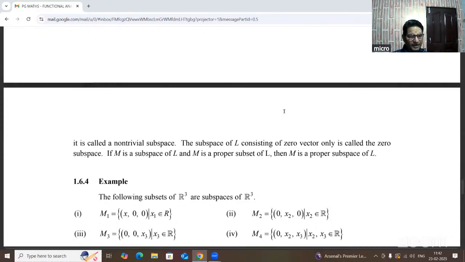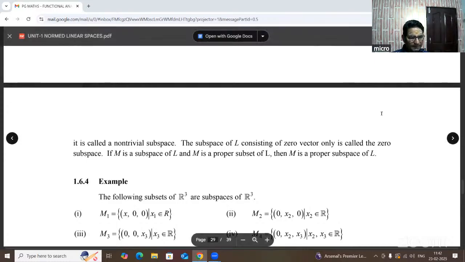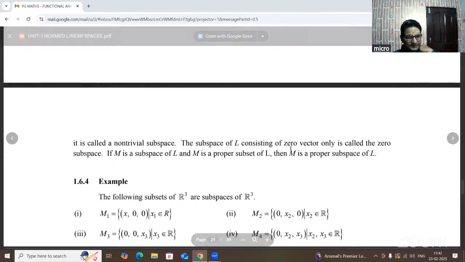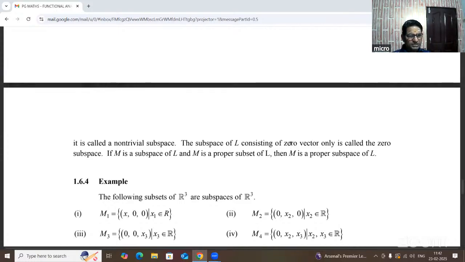The subspace of L consisting of the 0 vector only is called the 0 subspace. L is the linear space, and the subspace consisting of the 0 vector is called the 0 subspace. M is a subspace of L, and M is a proper subset of L. So M being a proper subset means a proper subspace of L.